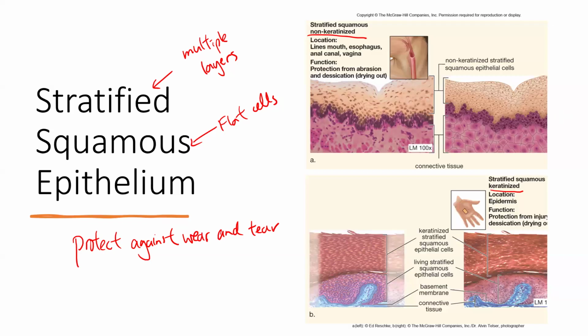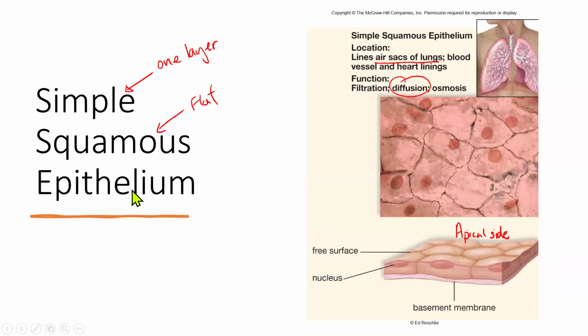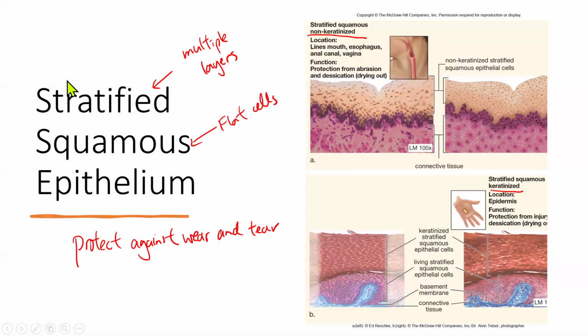So that is multiple layers of flat cells versus a single layer of flat cells. Single layer is best for moving things across. With multiple layers, we're not concerned about moving things across. We're just concerned about having extra protection.